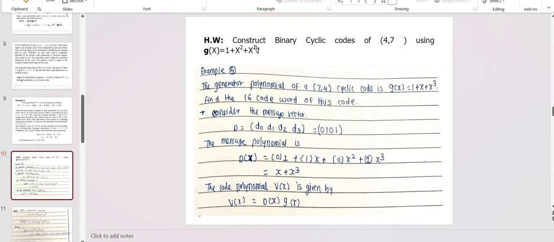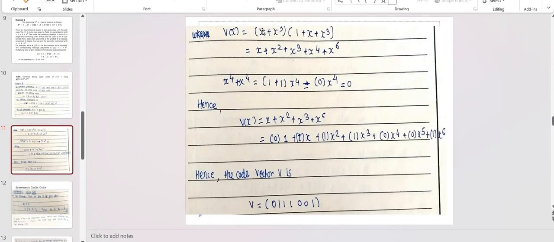So let us consider this example also. Suppose g(x) is equal to 1 plus x raised to 3, and you can consider the data vector d0, d1, d2, d3, which is x plus x cube. So try to evaluate this code, that is v(x) is equal to the given data bits multiplied by the generator polynomial. The given data is nothing but x plus x cube multiplied by g(x), which is 1 plus x cube.